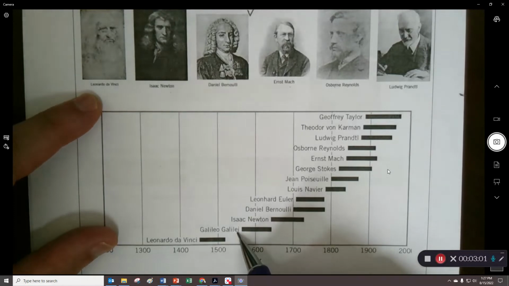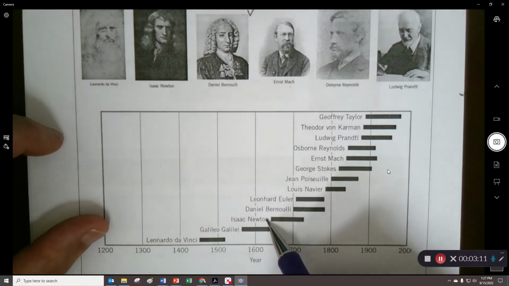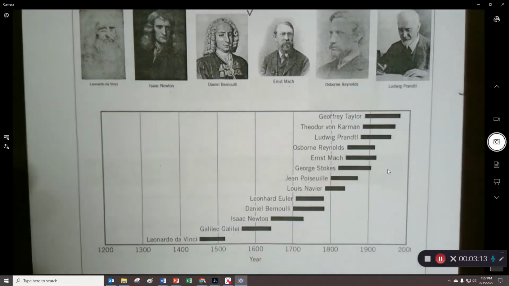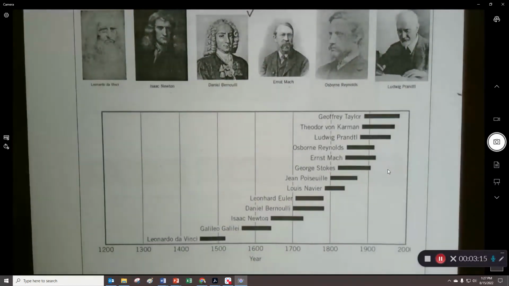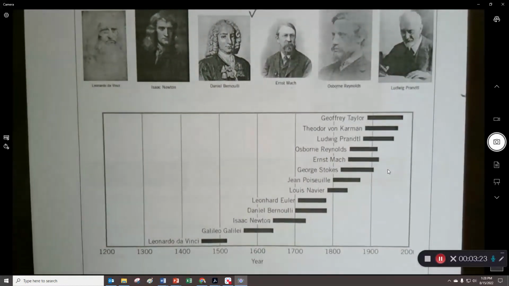Galileo did a lot of experiments of all kinds of things. These guys are famous for lots of other things, but in terms of fluids, he did a lot of experiments. Newton's real big contribution is that he formalized and put down some things that other people had been working on, with his first and most important publication there.